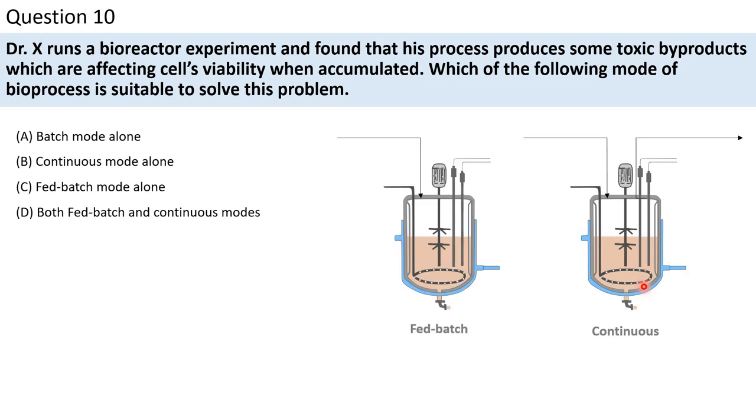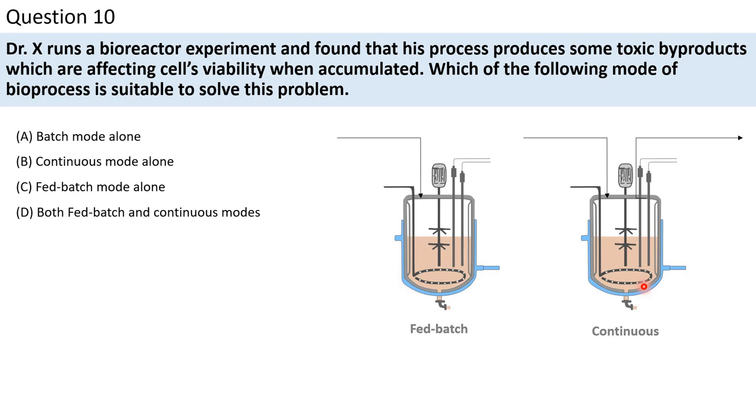And the fed batch mode of operation is also being used to avoid toxic byproduct formation. So what happens in fed batch? Once our batch is over, we will be feeding our substrate at a low concentration throughout our fermentation process, right? During fed batch fermentation, this is to avoid the Crabtree effect.